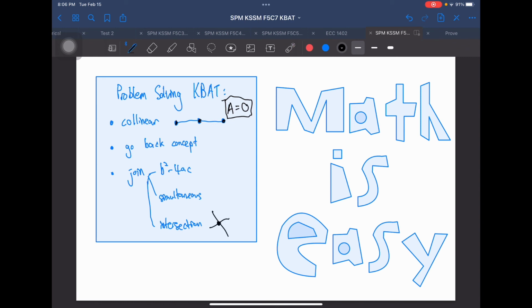If points A and B are the intersection of 2 functions, let's say f(x) equals ax squared plus bx plus c, and the other one is f(x) equals mx plus c, this means that A and B satisfy both of these equations. So you need to know this intersection concept.